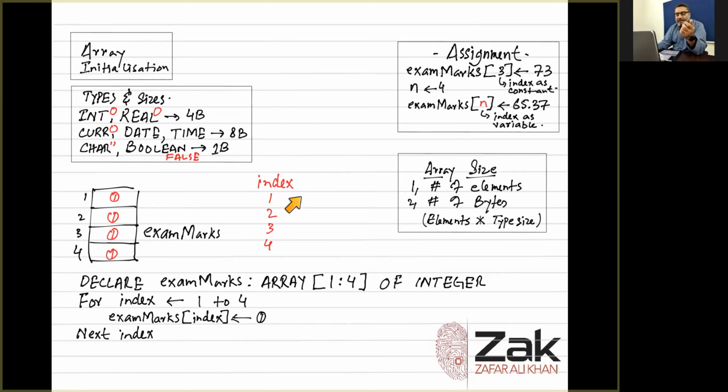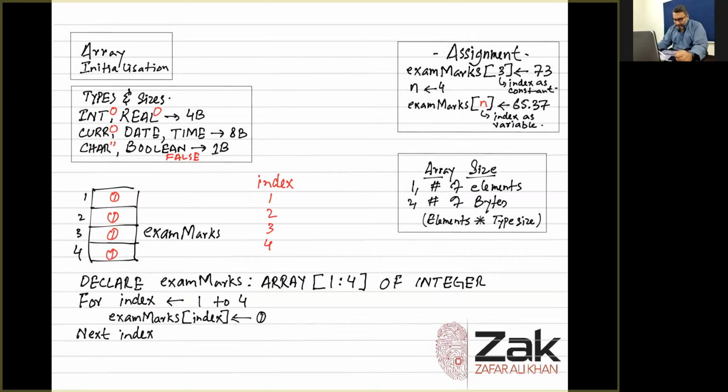For integer, the size is 4. Since this array is made up of integers, every single element is one integer, and every single integer is 4 bytes. So this will be the number of elements multiplied by the type size.